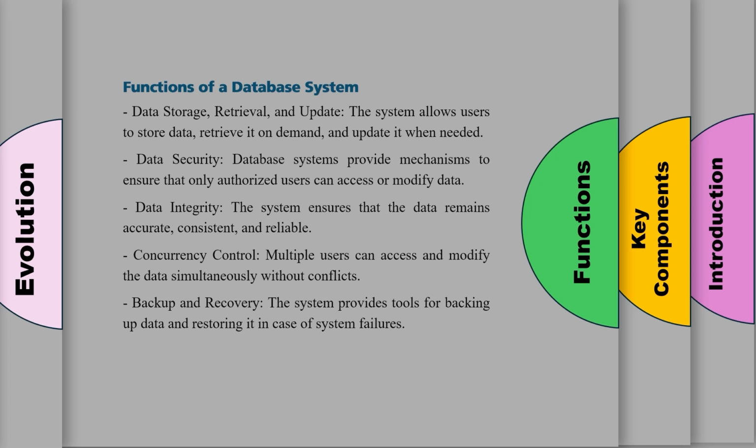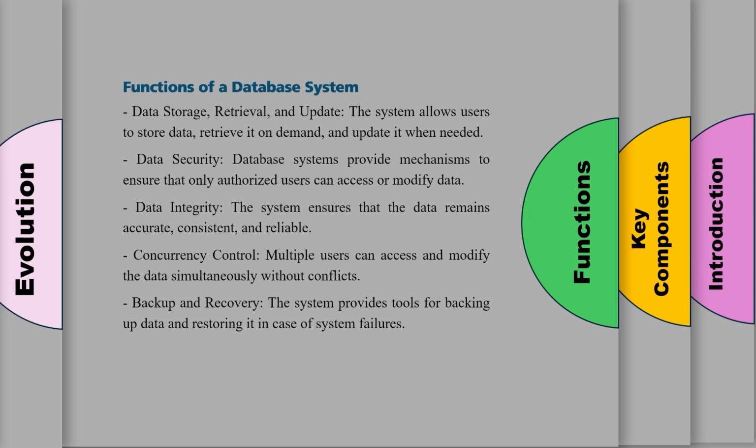For data security, database systems provide mechanisms to ensure that only authorized users can access and modify data. For data integrity, the system ensures that the data remains accurate, consistent, and reliable.